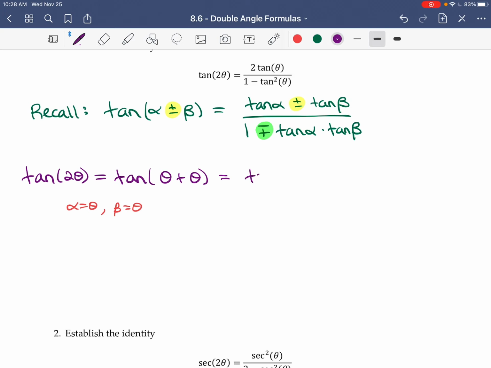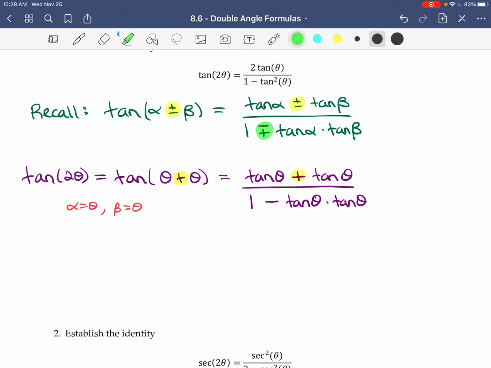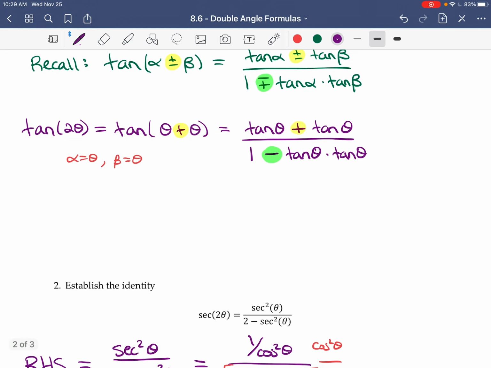So this is going to be tan of theta plus, because it matches, tan of theta again, over 1 minus tan of theta times tan of theta. These two again match, whereas this one is the opposite. That's how you use the formula.